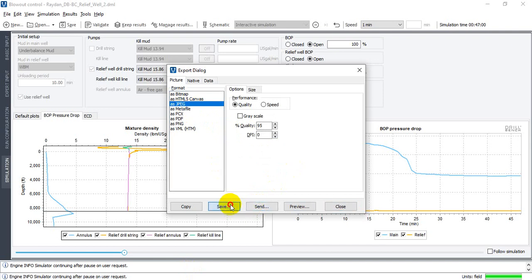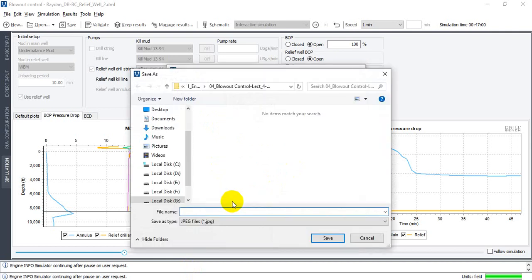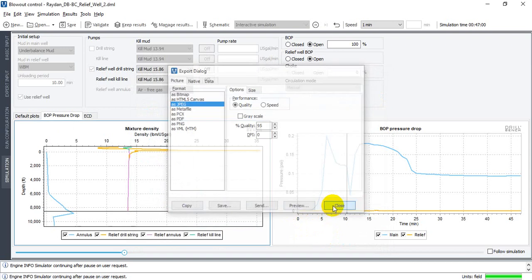Or click on save, where you save your blowout control. You can write the blowout preventer as the name of the plots, pressure drop, or as you like. And click save, close.